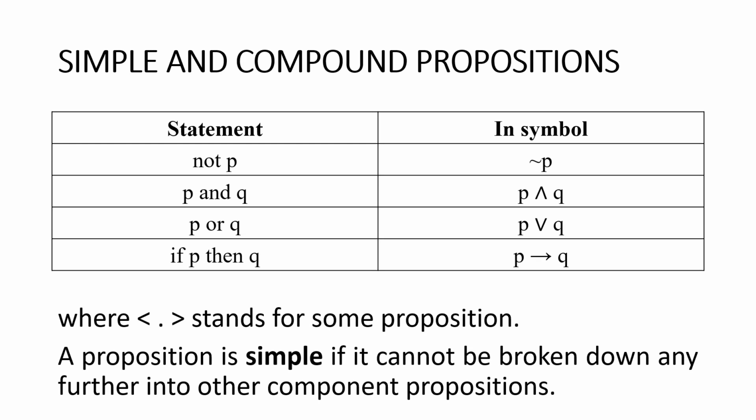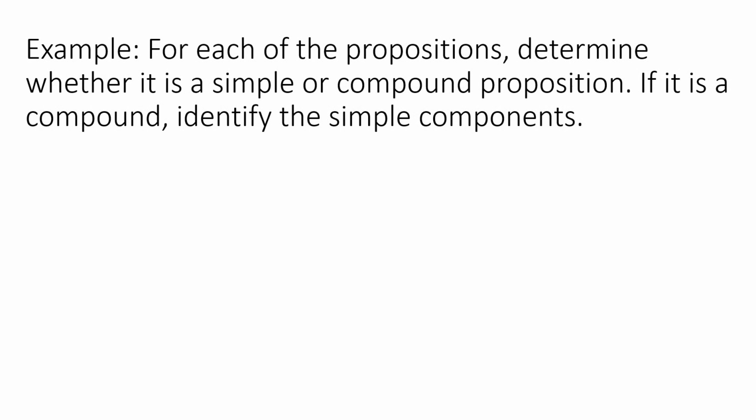So if the proposition cannot be formed into component propositions, then that is what we call a simple proposition. Okay, let's have an example. For each of the propositions, determine whether it is a simple or compound proposition. If it is a compound, identify the simple components.